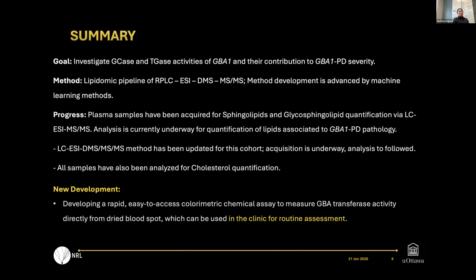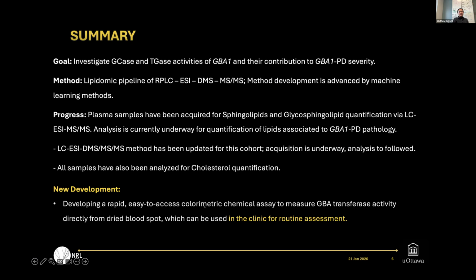And so just to summarize the progress of the project supported by the Silverstein Foundation, we focus on investigating the GCase and TCase activities of GBA1 and their contribution to GBA1 PD severity. We also ambitiously would like to map out this activity in relation to other conditions as well. We're utilizing our lipidomic pipeline with differential mobility in order to perform quantification of the substrate and product involved in the activity of the GBA1 enzyme.